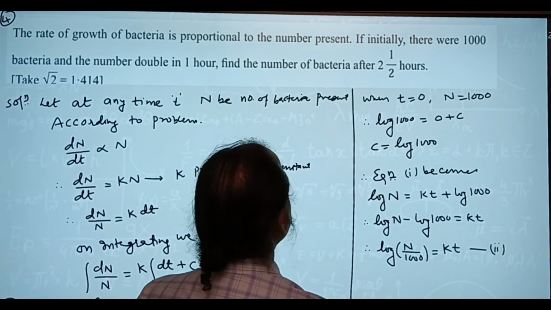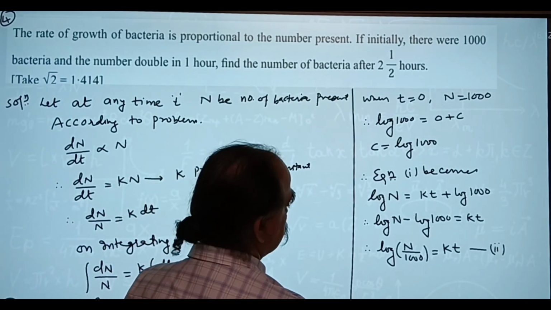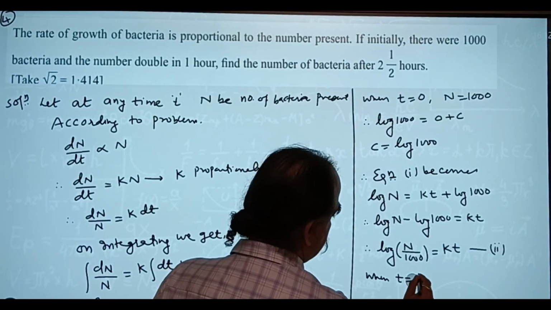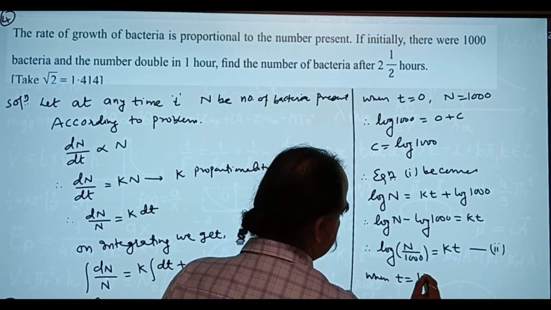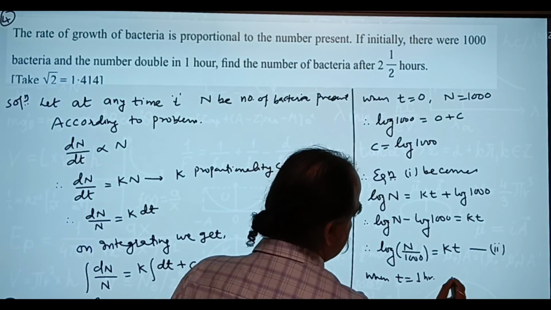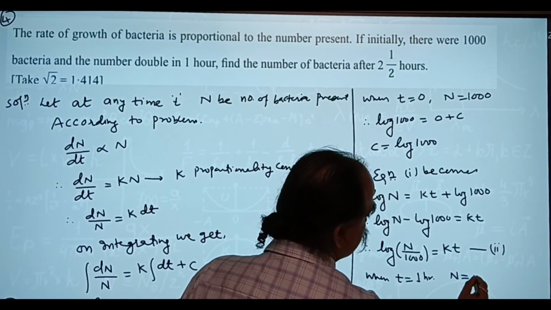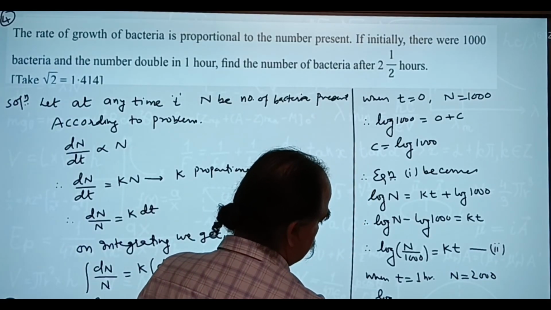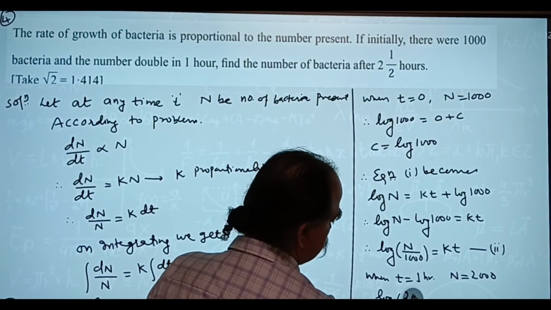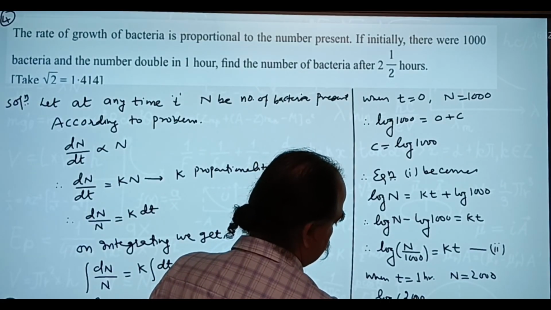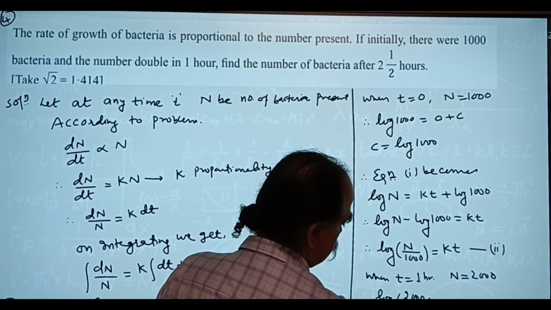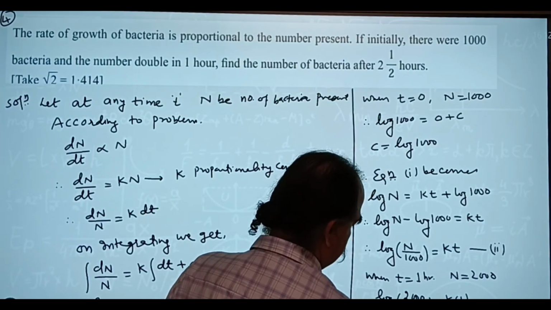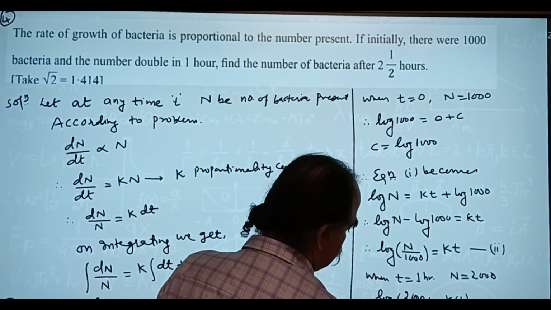Bacteria doubles in 1 hour. When t is what? 1 hour, n becomes 2000. So log of 2000 upon 1000 is equal to k into 1. So the value of k is what? Log 2.